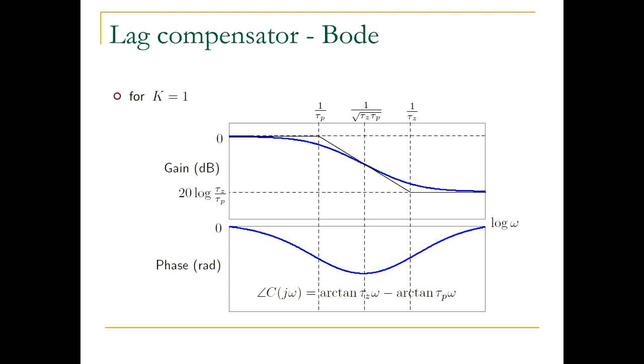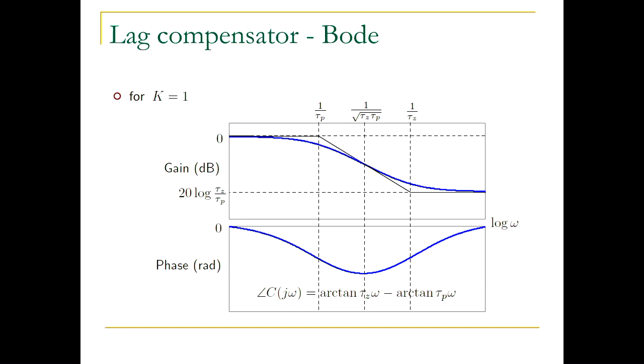So note here that you have this sort of lag. This starts from 0, and then you get negative phase, or lag. And this maximum amount of lag occurs at this frequency, 1 over square root of tau z tau p.